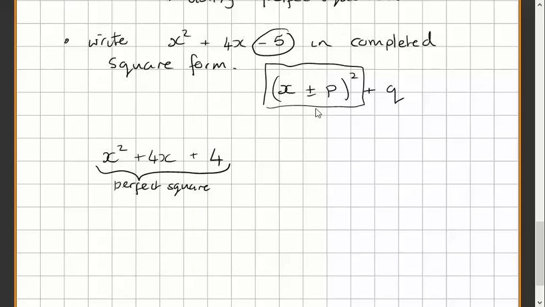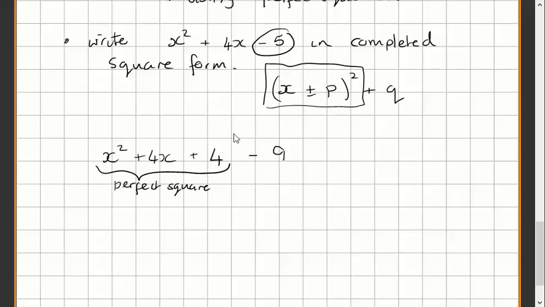Minus 9. So I'm going to subtract 9 as well. So you can see that x squared plus 4x plus 4 minus 9 will give you x squared plus 4x minus 5. Make sense?